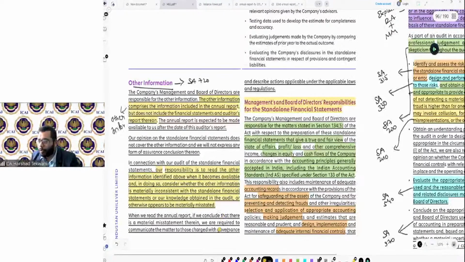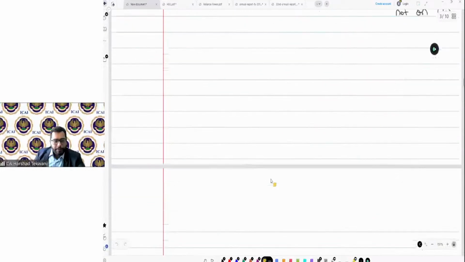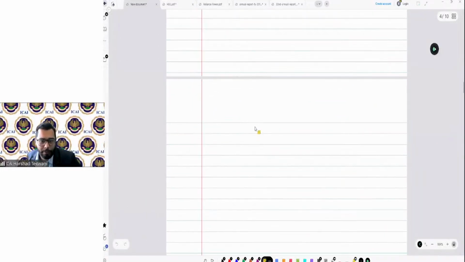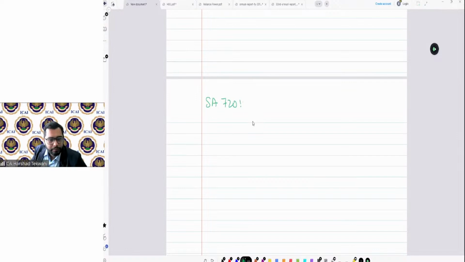So it talks about misstatement in other information. There are two major things: the definition of other information and misstatement in other information.